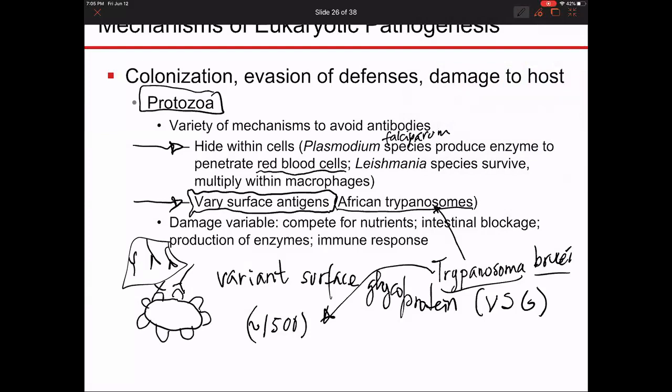But by the time these antibodies are produced, the parasite will switch to a different version of that surface antigen. And basically, it will be constantly fighting with that humoral response, not allowing that humoral response to produce antibodies that can finally neutralize that parasite.